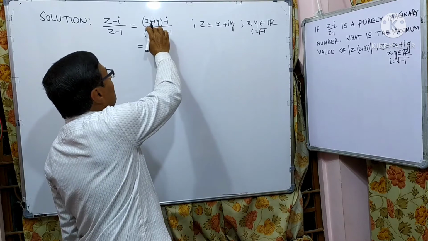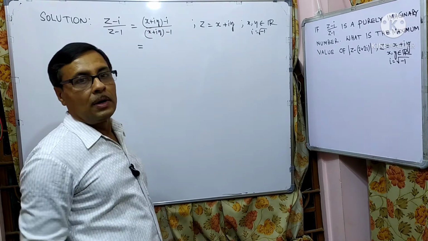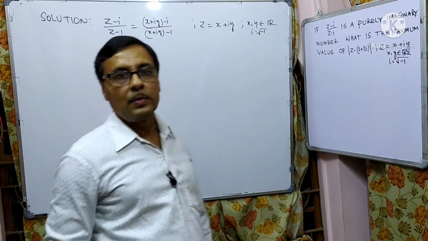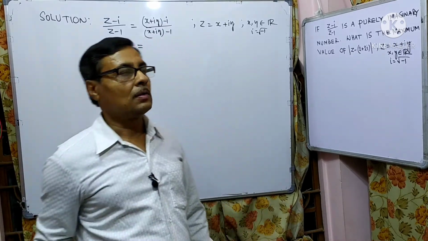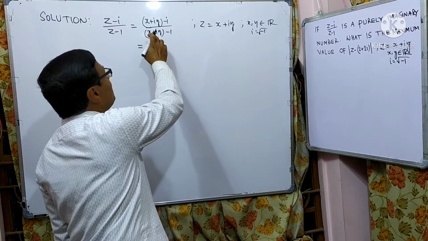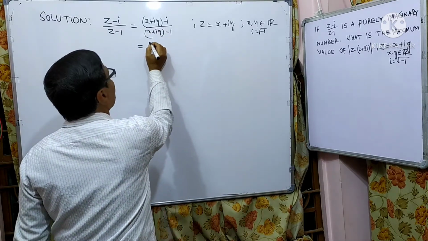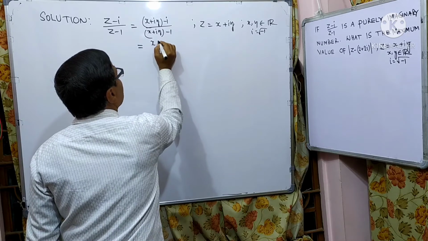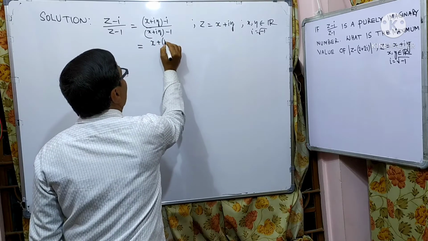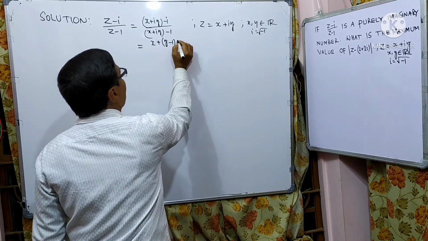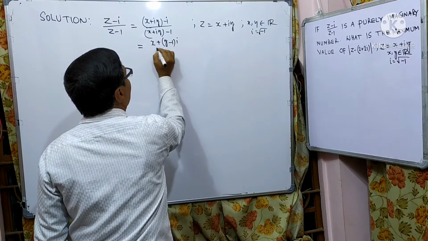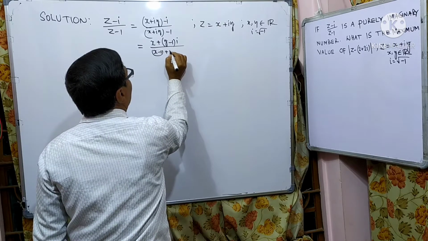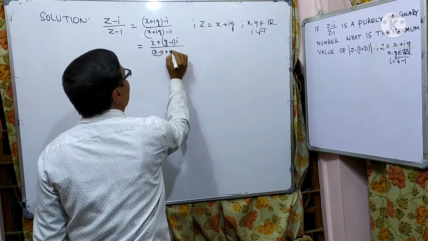The expression is (x plus (y minus 1) i) over ((x minus 1) plus iy).